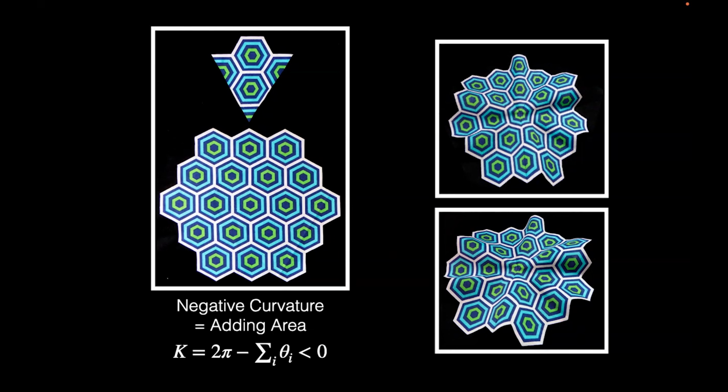But here, when I do the same counting, 2 pi minus the sum of these angles, or 360 minus the sum of the angles: here I have 360 degrees, plus I'm adding in an extra 60 degrees, so I have 420 degrees. So when I subtract 420 from 360, I get minus 60. So now this point is defined by minus 60 degrees of angle.